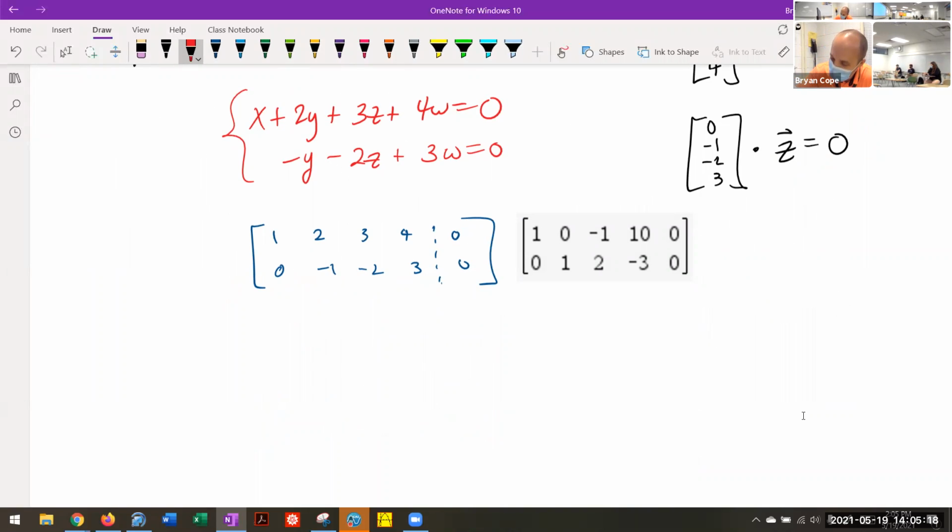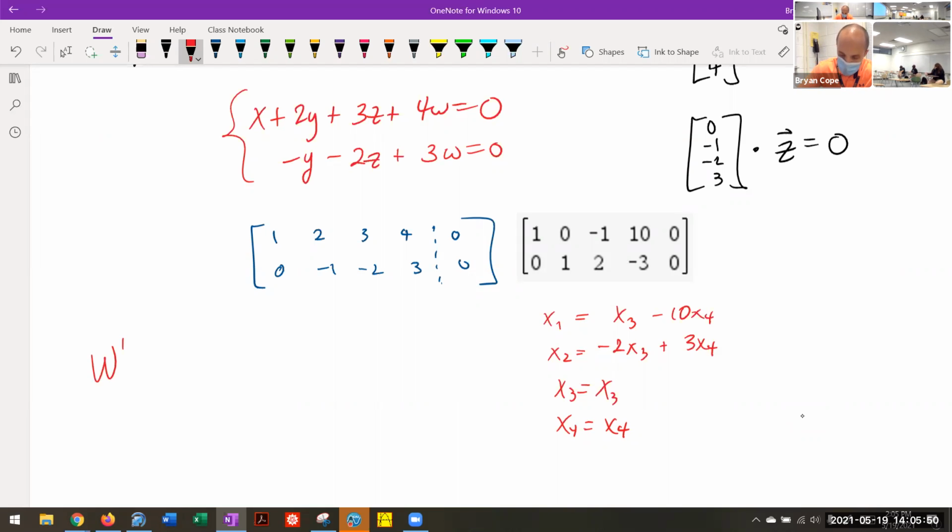Okay, so let's write this as x1 equals, oh, you know what? I should have used x1, x2, x3, x4, whatever. So x1 is x3 minus 10x4. x2 is -2x3 plus 3x4. And x3 is free and x4 is free. Okay, so we're ready to create a basis now. That means that every vector that lies in the span of the 2 vectors I'm about to write is in the orthogonal complement.